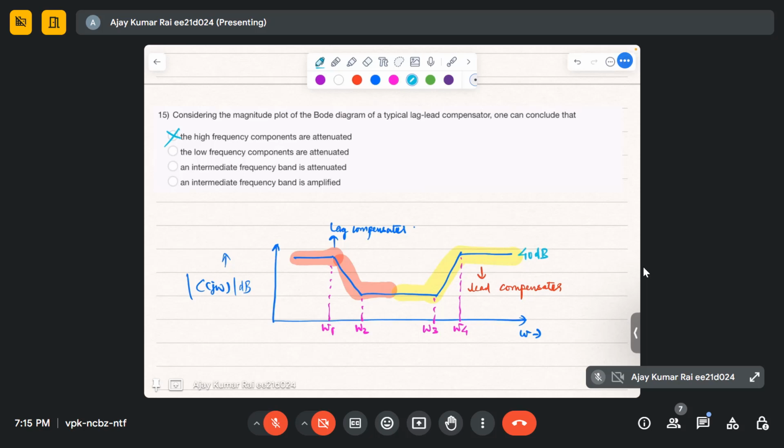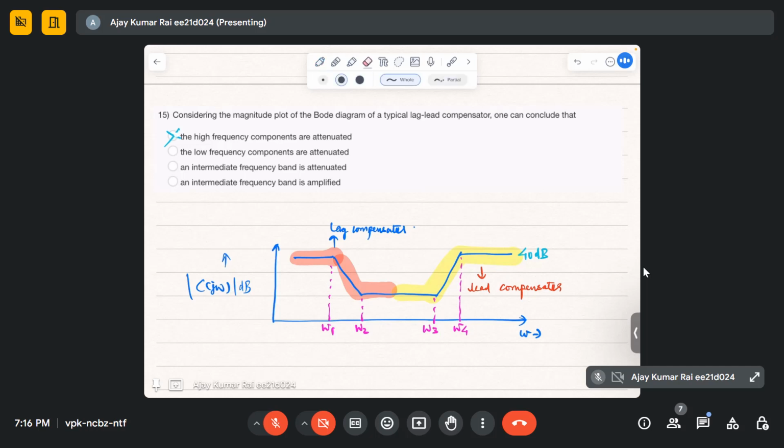At higher frequency, whatever gain you have for the plant transfer function, let's suppose it has a gain of 6 dB or 10 dB at higher frequency, you are going to add 10 plus 40. So you're amplifying the high frequency component because now the final gain at high frequency is 50 dB, right? That's why we are saying it's amplifying the gain. So the first statement is wrong.